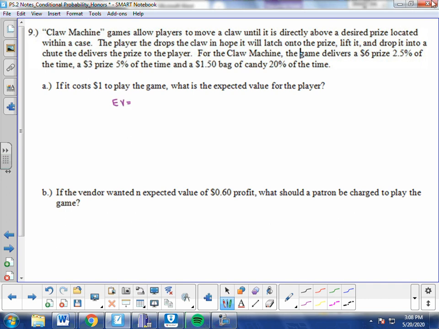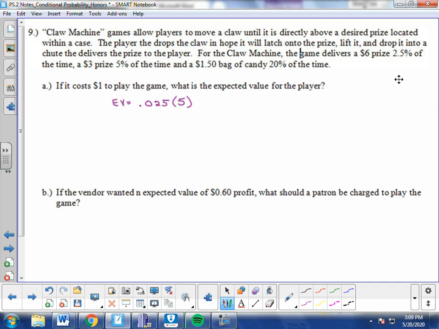So the first option is that a $6 prize comes out. That's a 2.5% chance, so I'm going to put that into a decimal: 0.025 is the probability of getting a $6 prize. Remember, if you get the $6 prize, essentially you paid $1 for that, so the value of that prize is basically $5, because you gave $1 that you don't get in return.